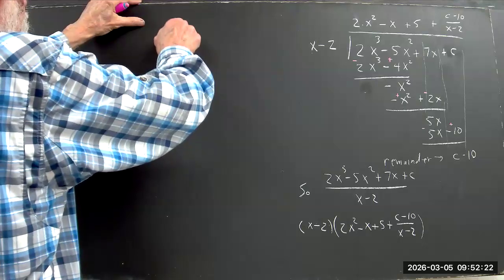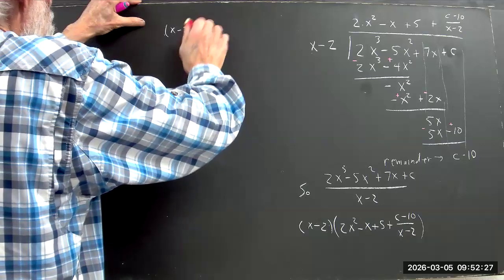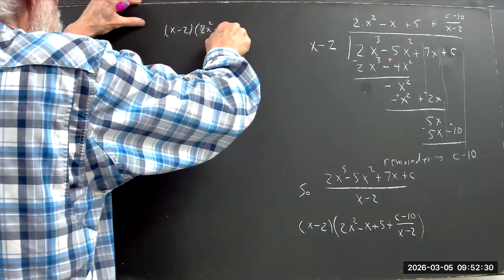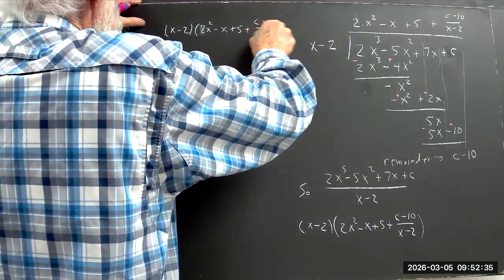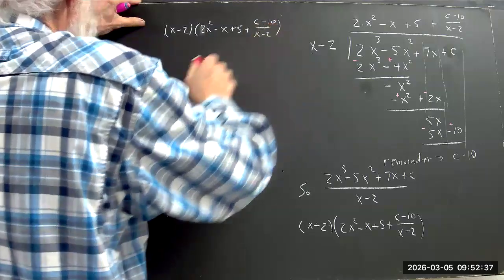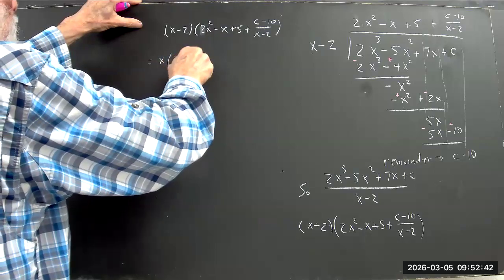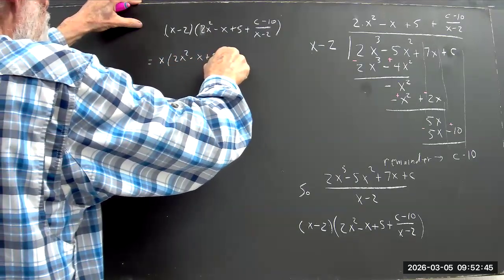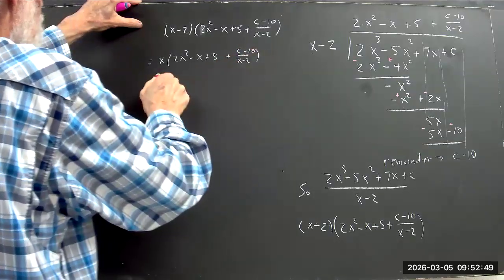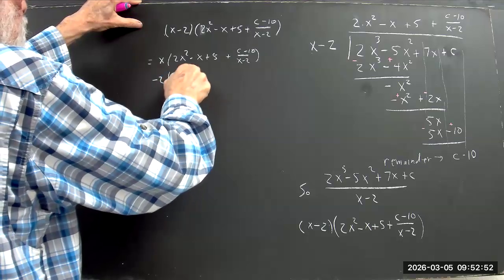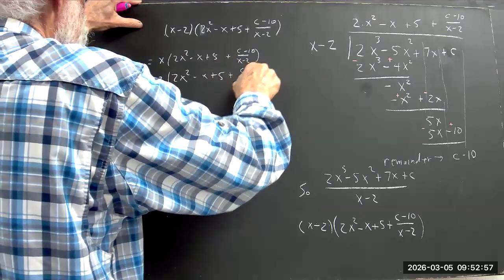So we multiply, let's write it out: x minus 2 times 2x squared minus x plus 5 plus (c minus 10) over (x minus 2) equals, well, we're going to multiply x by 2x squared minus x plus 5 plus (c minus 10) over (x minus 2), minus 2 times 2x squared minus x plus 5 plus (c minus 10) over (x minus 2).